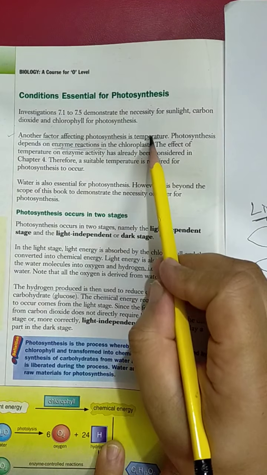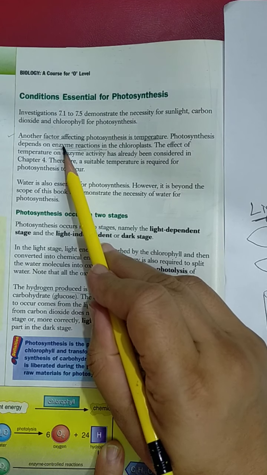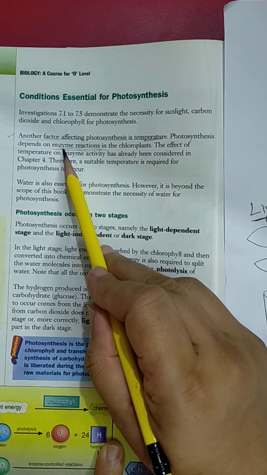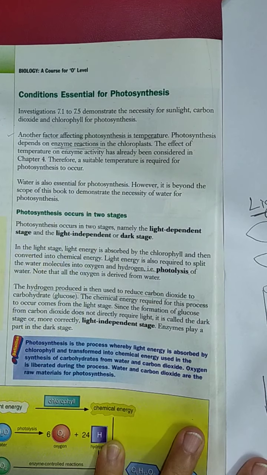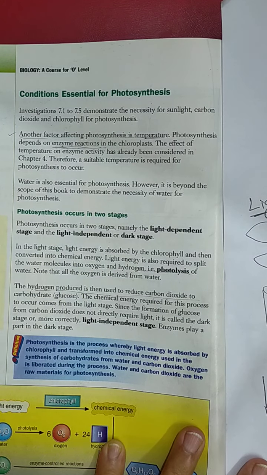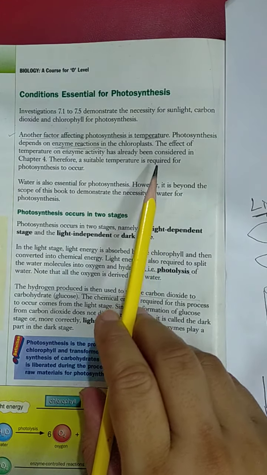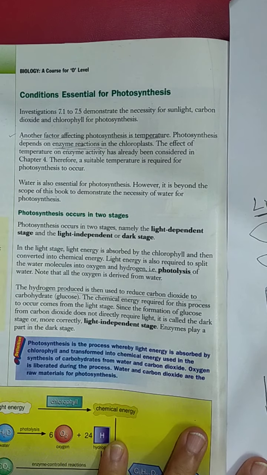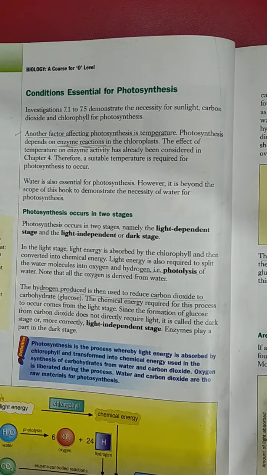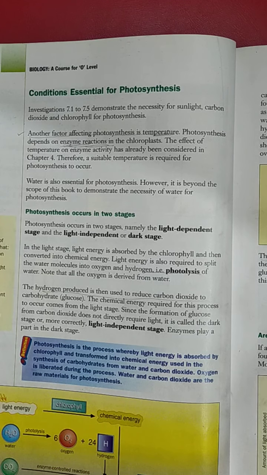You already read in the chapter on enzymes that enzymes are sensitive to temperature. So these two factors are very important for the process of photosynthesis. Water is also very important, but it is not included in your syllabus. So these are the conditions which are very important for the process of photosynthesis.